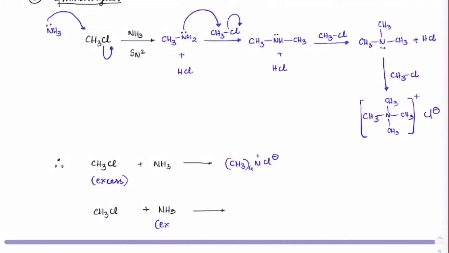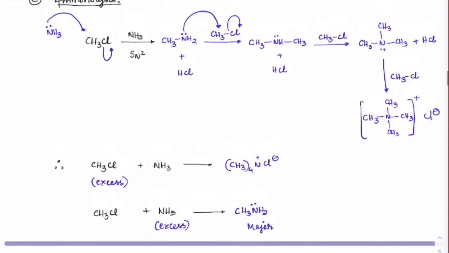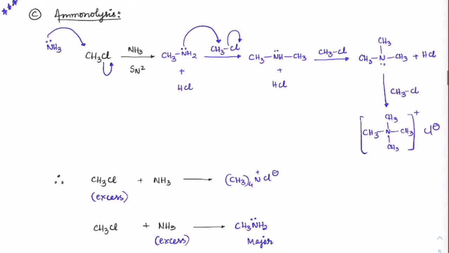If ammonia is given in excess, then the primary amine will be the major product. Not that others are not forming, but this will be the major product. I guess this is done, everyone. Make a note of it.